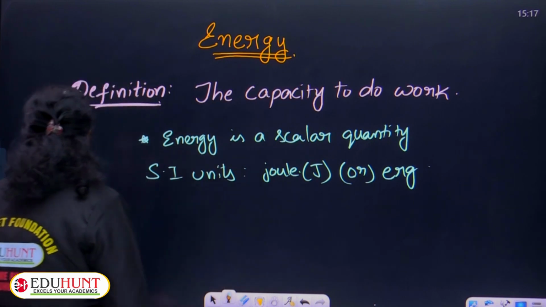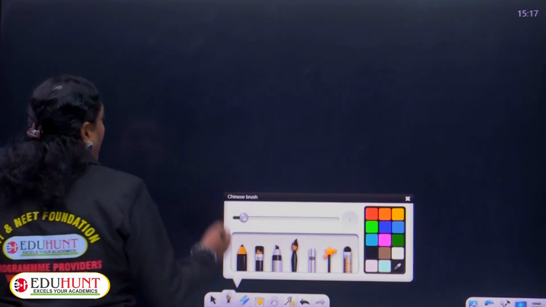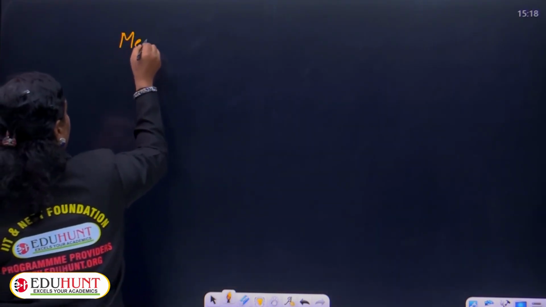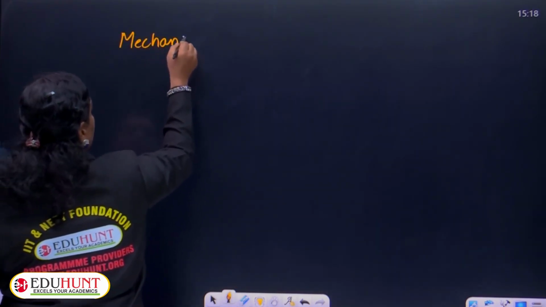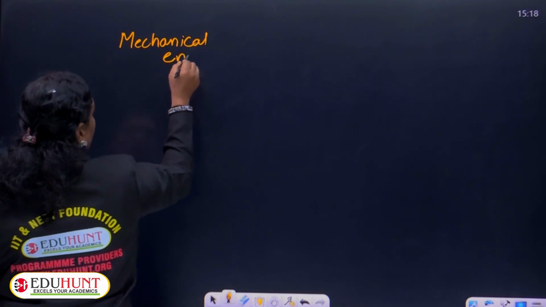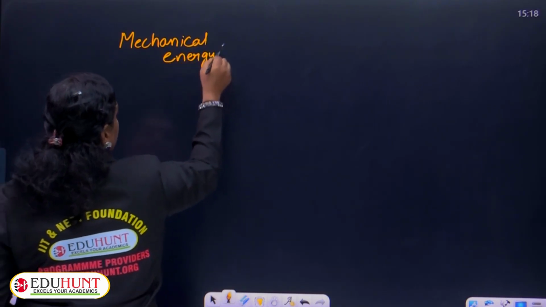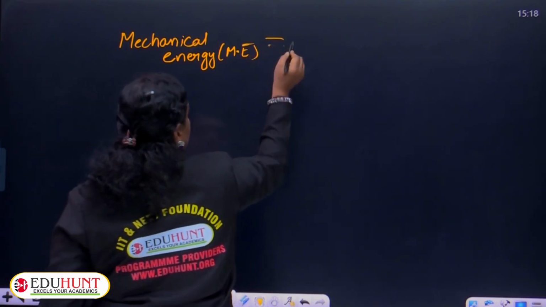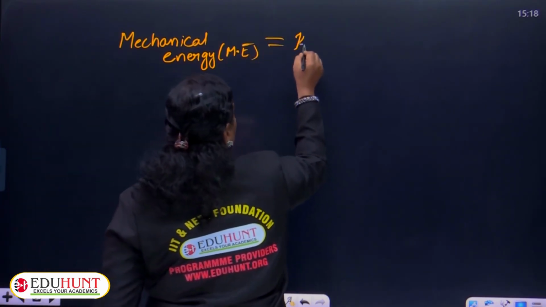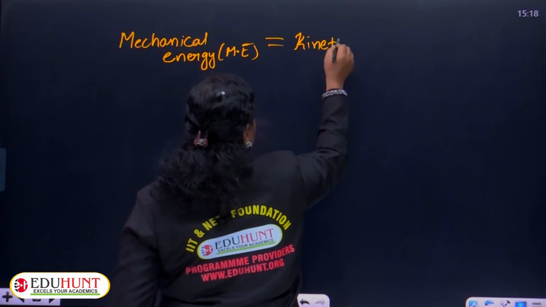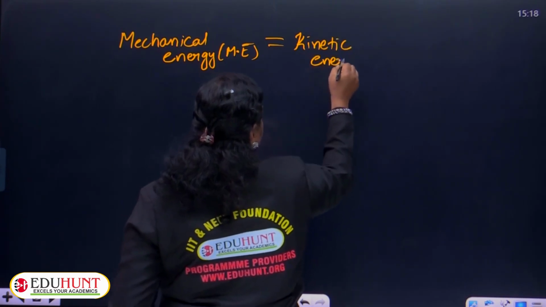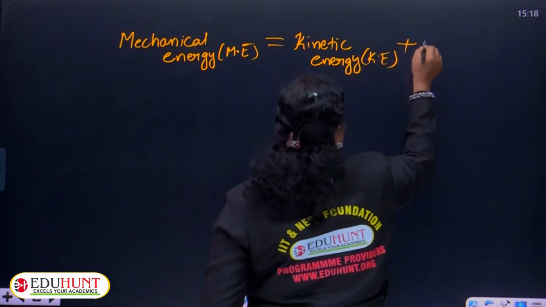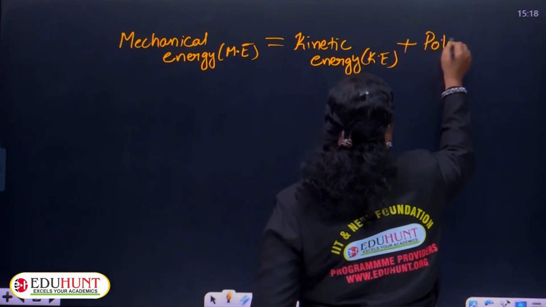So first of all, mechanical energy. Let us represent this with the letters capital M.E. Mechanical energy is equal to the sum of kinetic energy and potential energy.